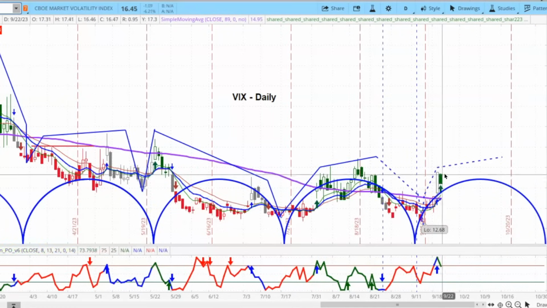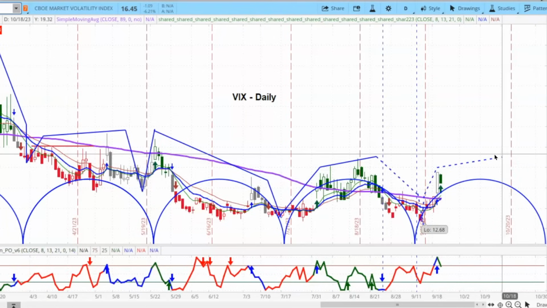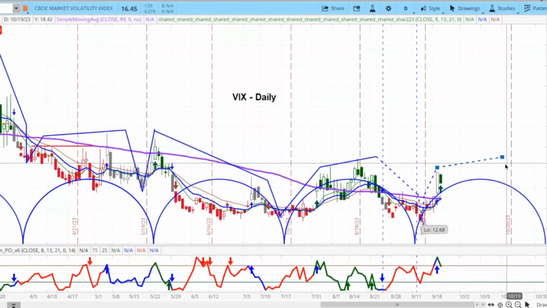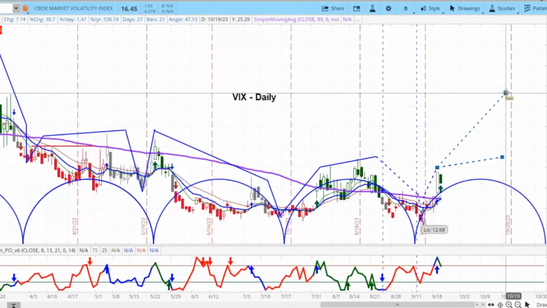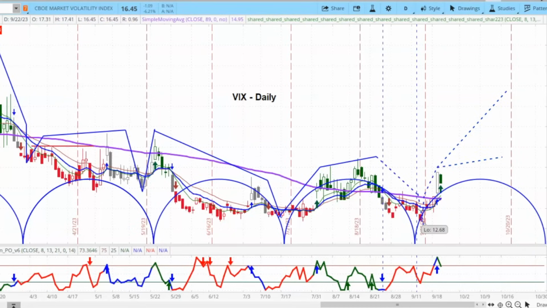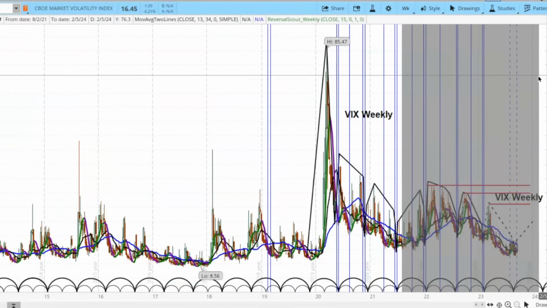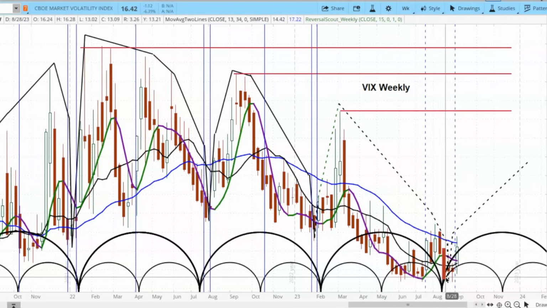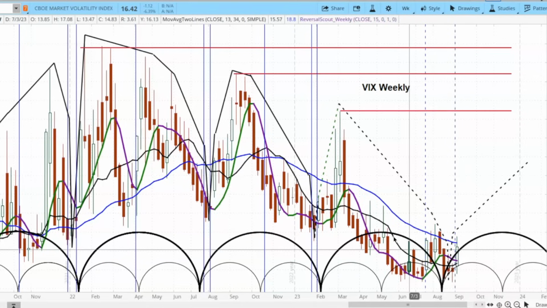And in this case, we expect IVs to get up much higher. Now, I'm only showing a test of this level right over here, but implied volatilities could easily get much higher there. If you look at the weekly, here you can see that this is the area we expected implied volatilities to bottom, synchronizing with the daily chart.